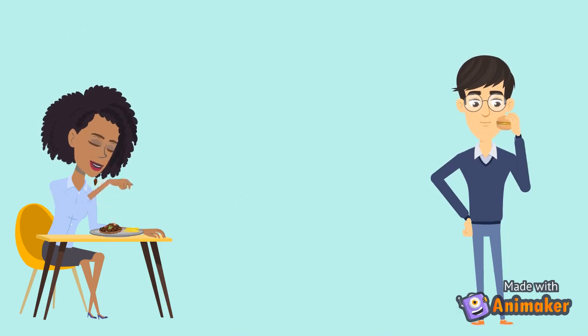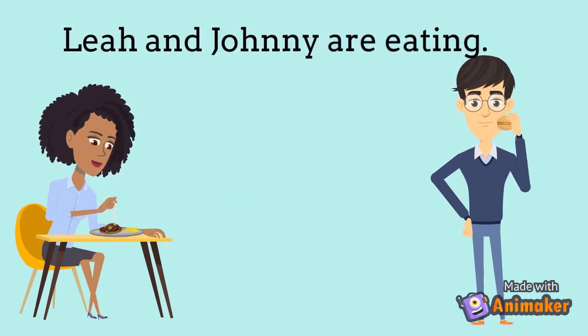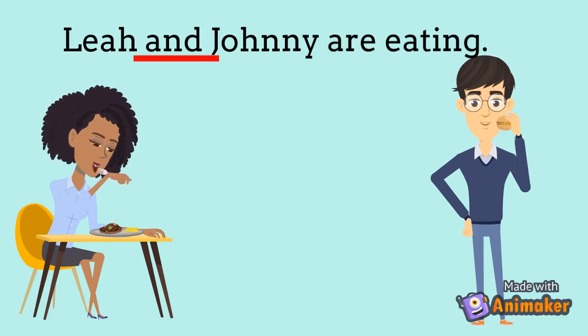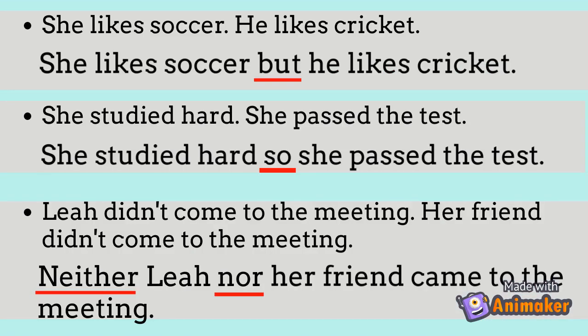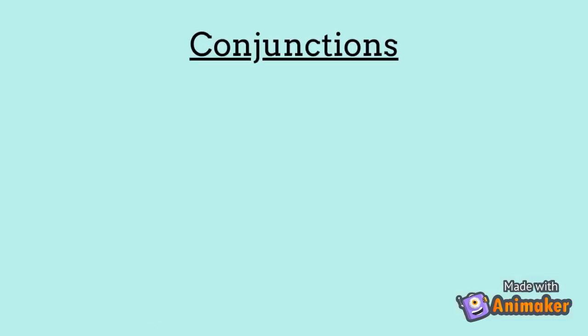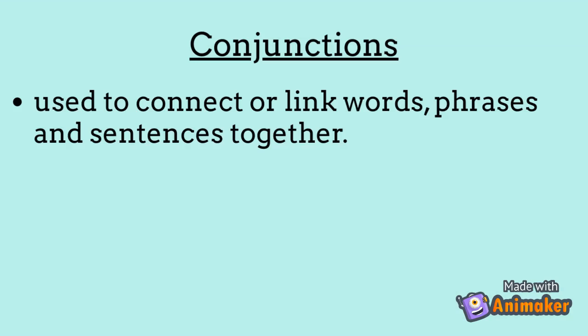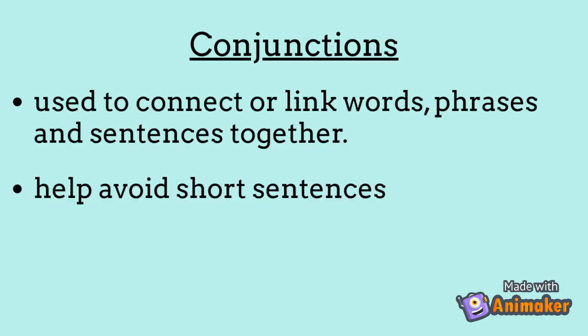But if we add a conjunction and say Leah and Johnny are eating, that'll make our sentence much more attractive. Here are a few more examples that show how conjunctions make our sentences better. Some general conjunctions are used to connect or link phrases and words together, and they help us avoid short sentences.